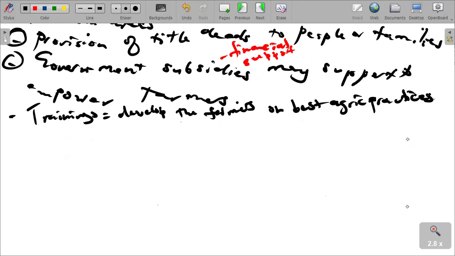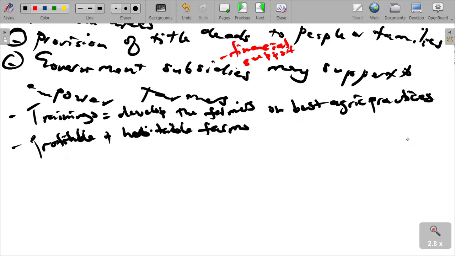And then we talk about people who finally have profitable and habitable farms. Hence, they will have to stay.